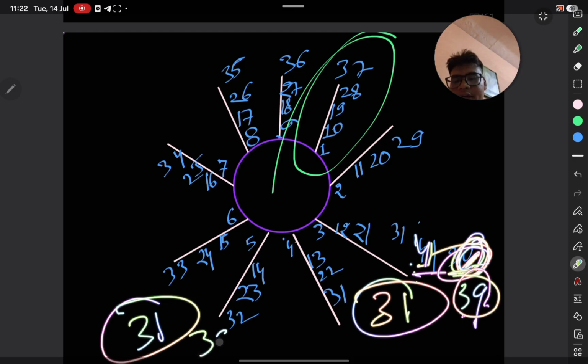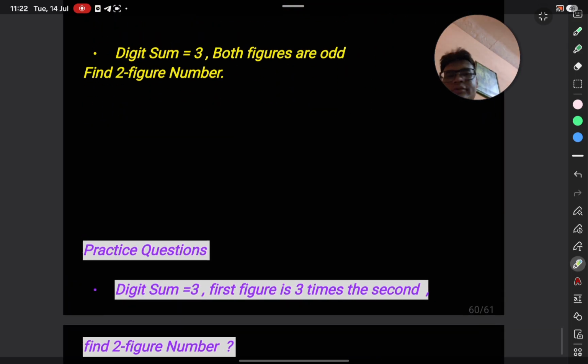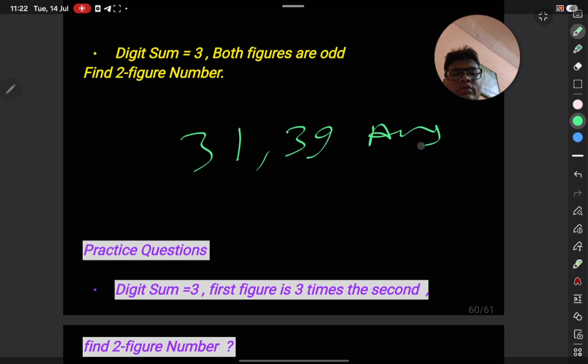So there will be many answers to this question. We will write 31 and 39 as the answer, and as your homework, you have to find more numbers. So now our concept has been cleared.